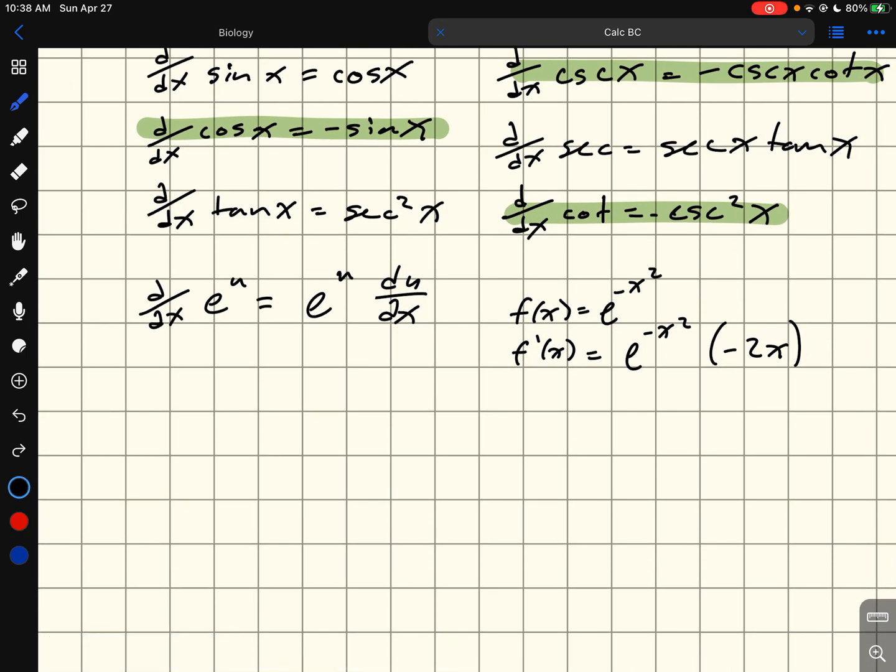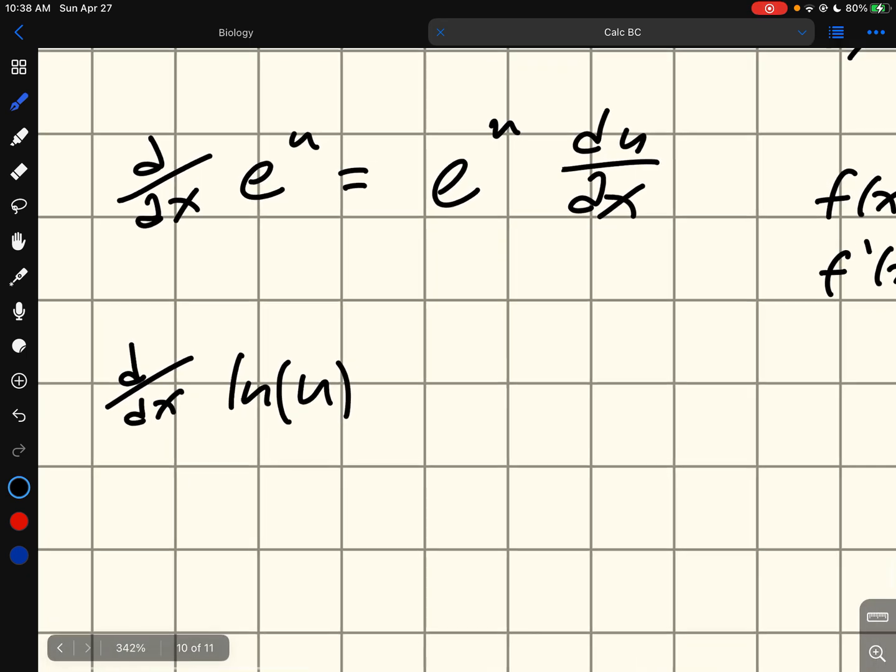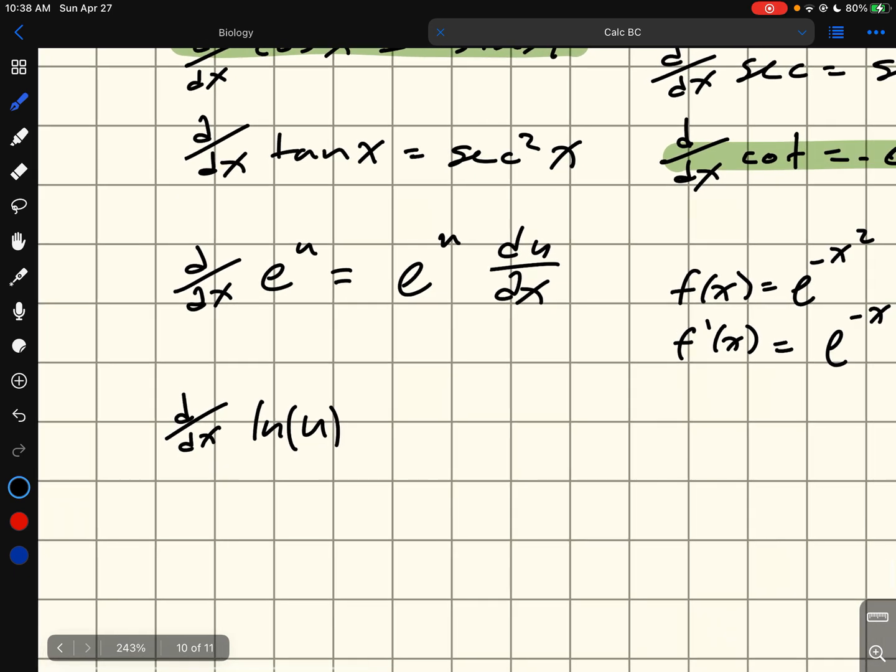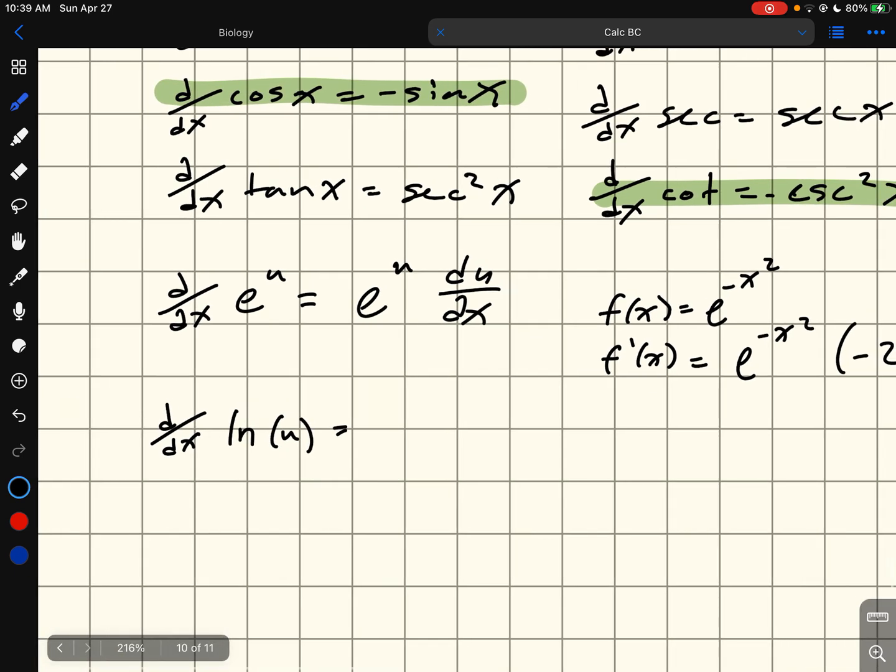And then you should also remember the derivative of natural log of u. And again, I'm writing u because, wow, my n's and u's look the same. Okay. Derivative of natural log of u is u prime over u.